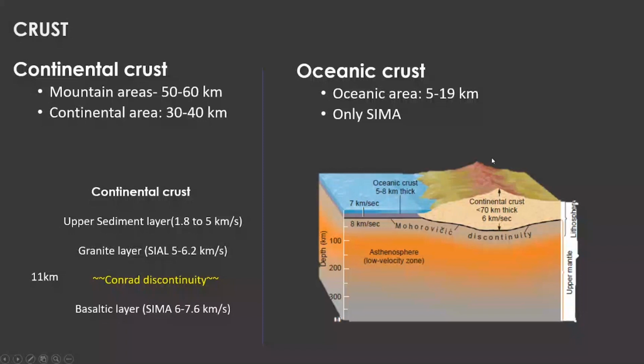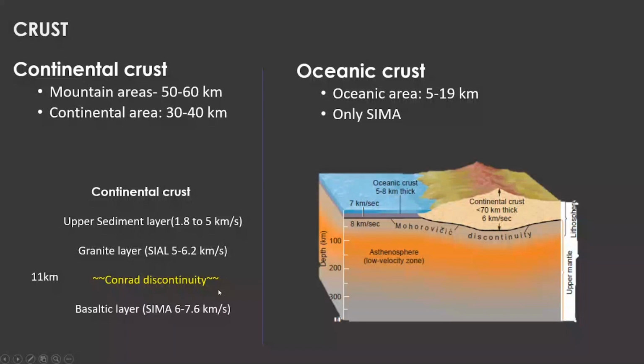But right now, just understand the granite layer and the basalt layer are there in the continental crust. So that becomes the three-layer model of the continental crust, and in between the granitic and the basaltic layer in the continental part, we have another small discontinuity at around 11 kilometers that we call the Conrad discontinuity.